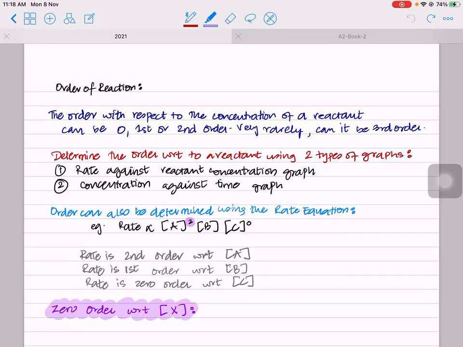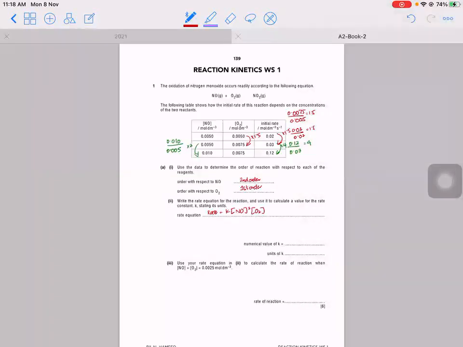You can say rate is second order with respect to concentration of A because A is raised to the power 2. You can say it is first order with respect to B because B is raised to the power 1. And you can say it is zero order with respect to C because C is raised to the power 0. Clear?